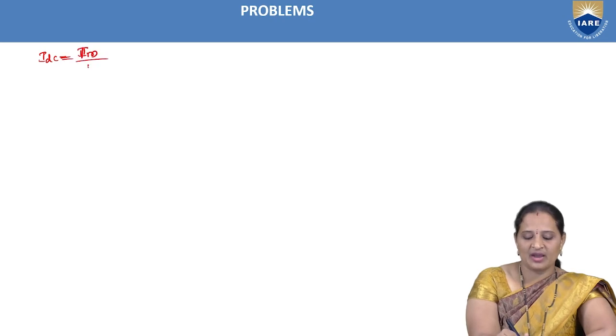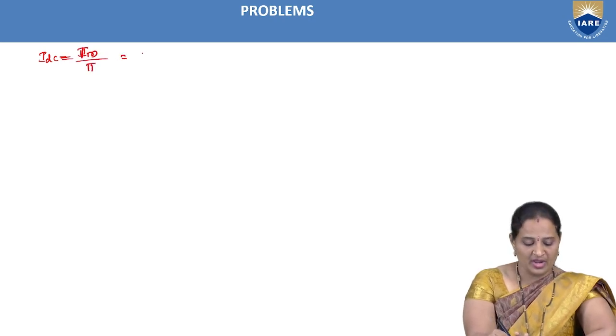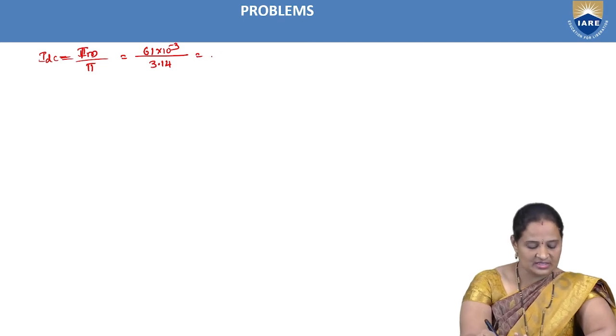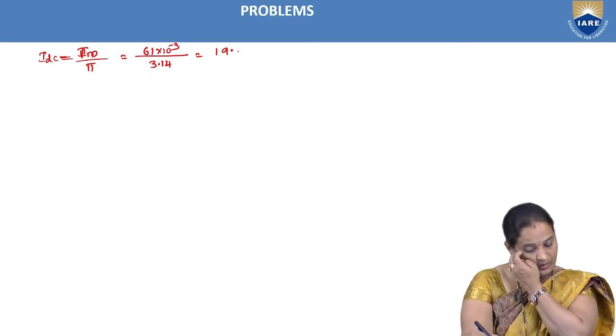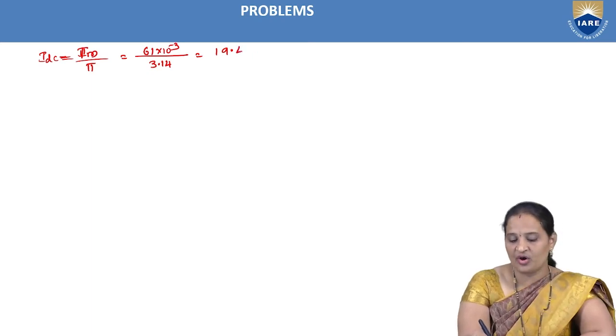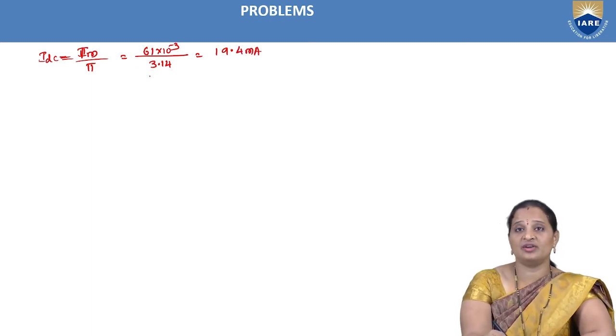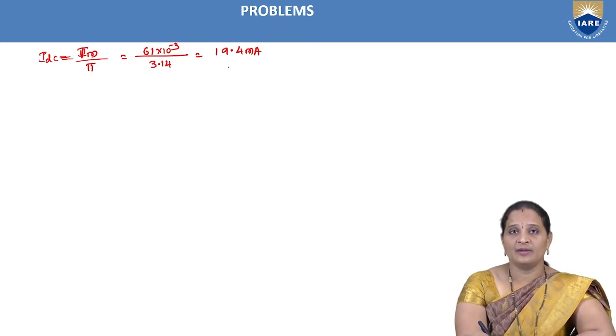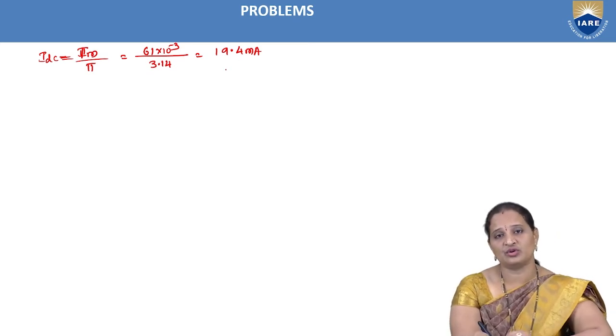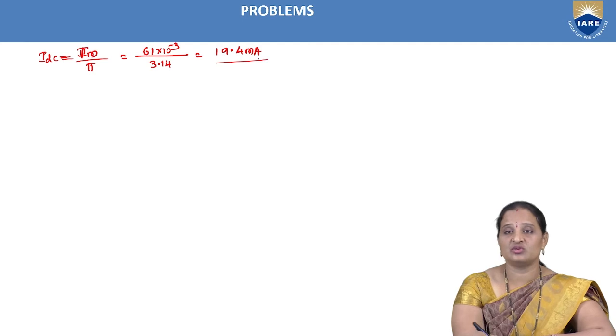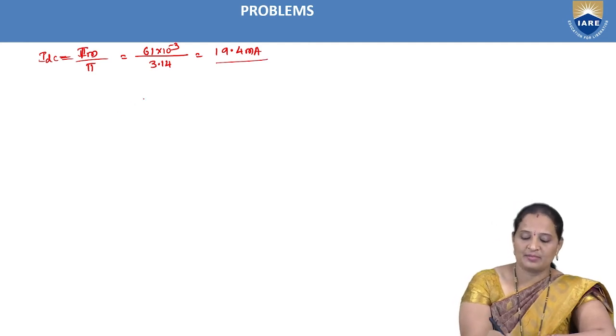IDC value is given by Im by pi, where Im is 61 into 10 to the power of minus 3, and pi is 3.14. If you evaluate this, you will get 19.4 milliamperes. So the average value of current through the load resistor is 19.4 milliampere.